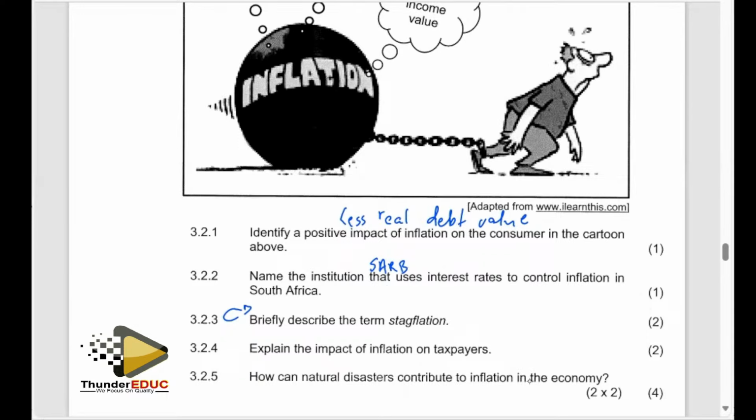We are saying that this is a situation where a country persistently suffers from both high inflation and high unemployment.